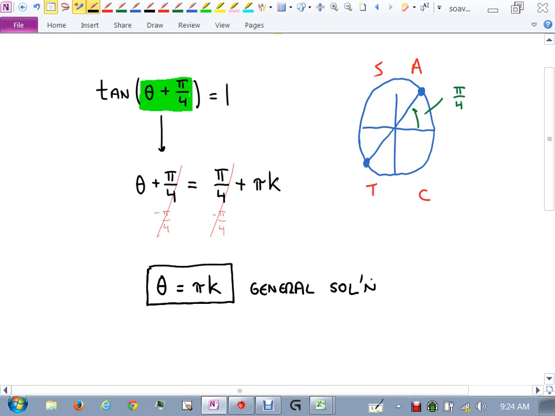Now, what if I asked you to solve this just on the interval 0 to pi? You would just start plugging in values of k, right?